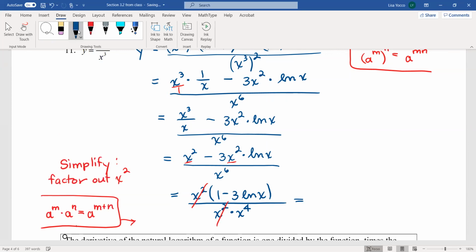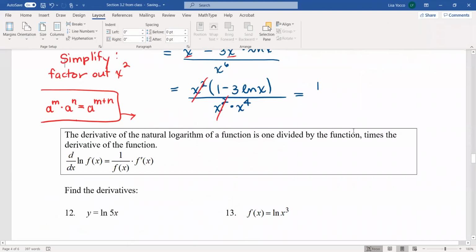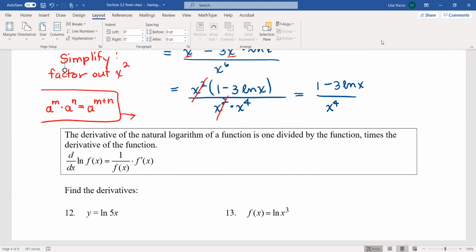So finally, that's 1 minus 3 times ln of x, all divided by x to the 4th for my simplified answer, all right?